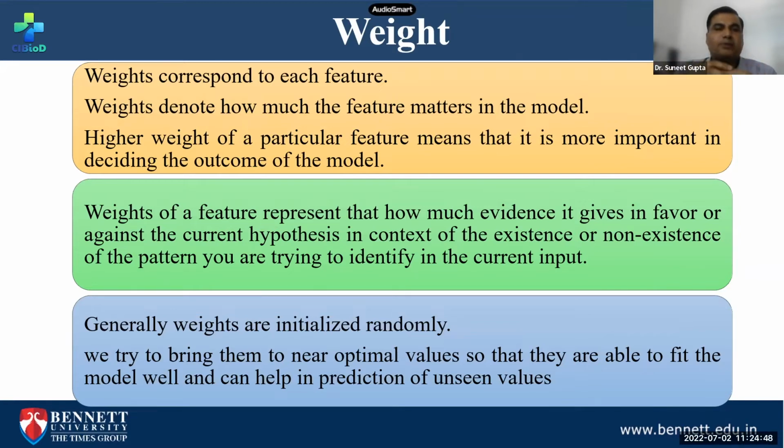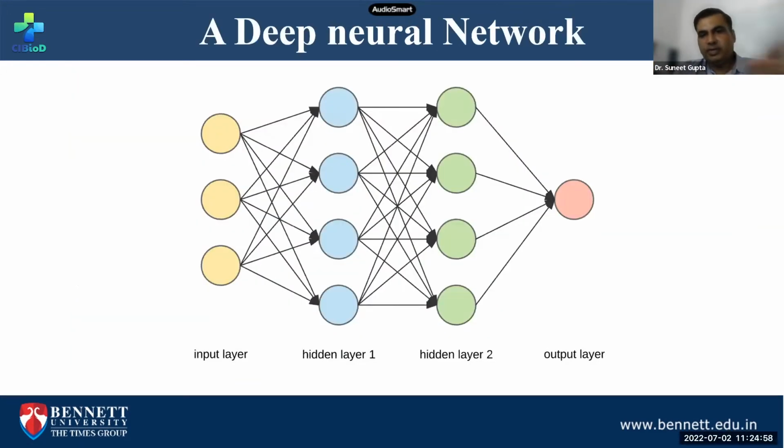After a certain number of epochs, we will come to a set of optimized weights, which make the decisions. Here you can see a sample example of a deep neural network.